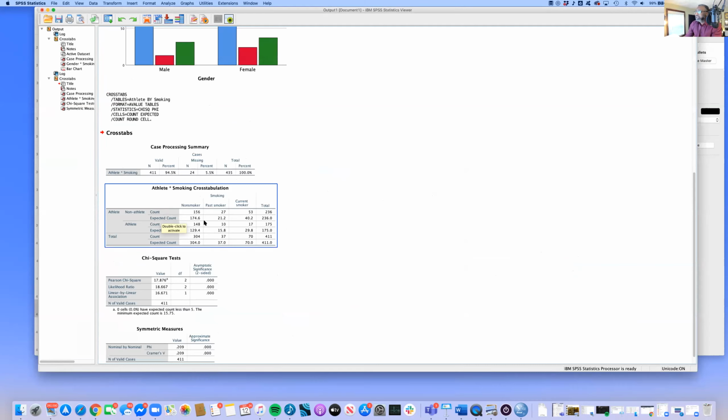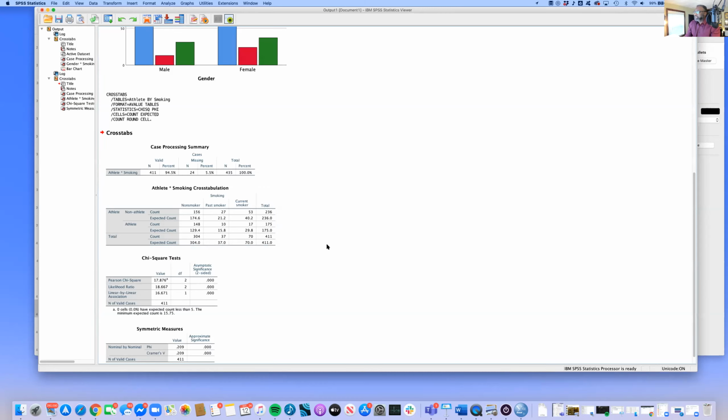And we clearly see a difference here with non-athlete. We see a difference here between past smoker and current smoker. And we see a difference here between athlete, non-smoker. We see a difference here with smoking, and we see a difference here with current smoker.